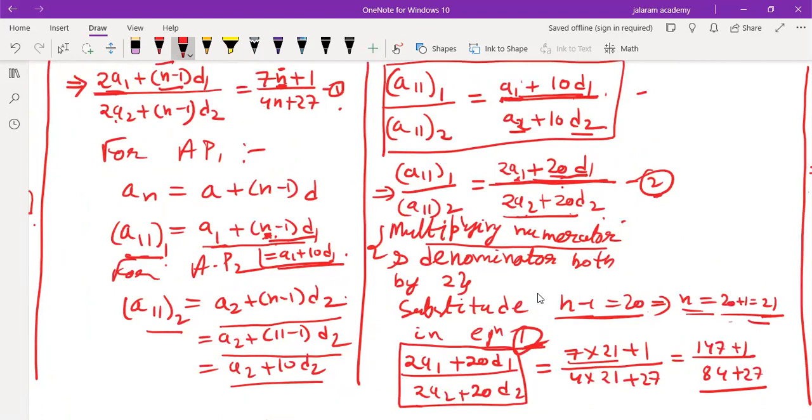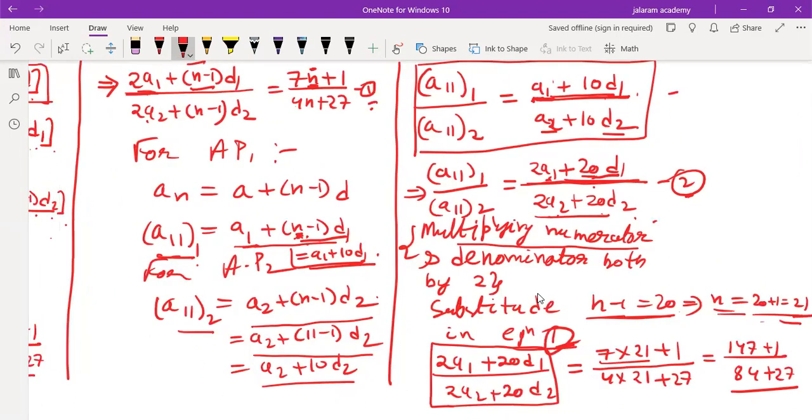Substitute it in equation number 1. So 2a1 plus, in place of n minus 1, we write 20d1, and in the denominator 2a2 plus 20d2, equals 7n plus 1 over 4n plus 27. In place of n, we get 21. So it is 7 into 21 plus 1 over 4 into 21 plus 27.